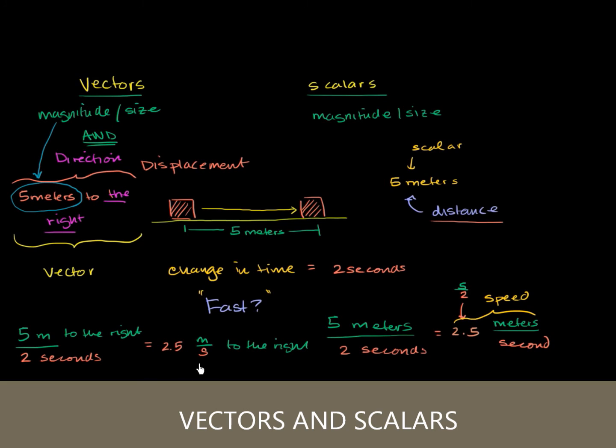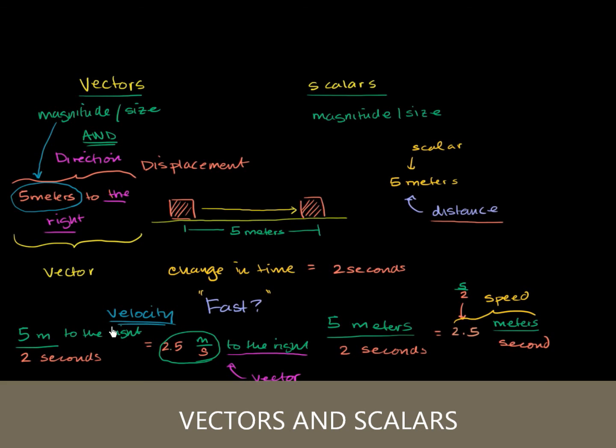So is this a vector or a scalar quantity? I'm telling you the magnitude of the speed, 2.5 meters per second, and I'm also telling you the direction, to the right. So this is a vector quantity. And when you specify both the speed and the direction, so the 2.5 meters per second is a scalar, and the direction, you are talking about velocity.